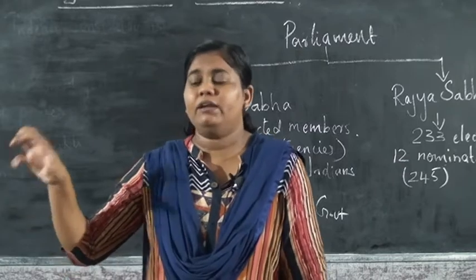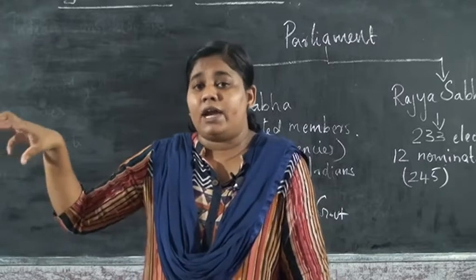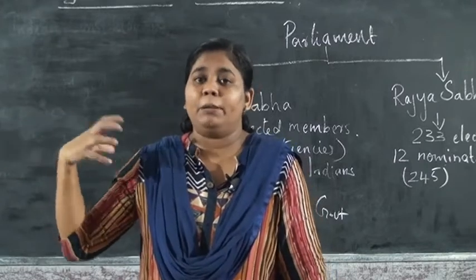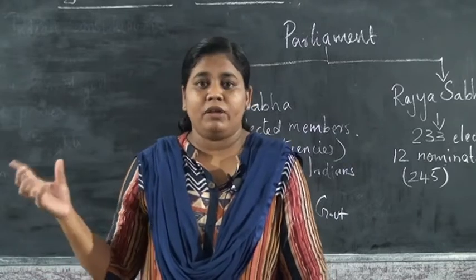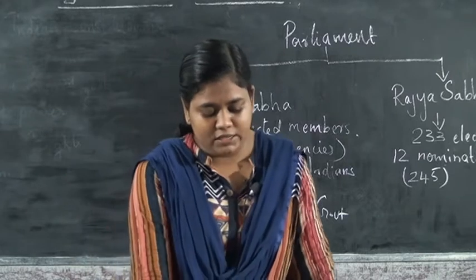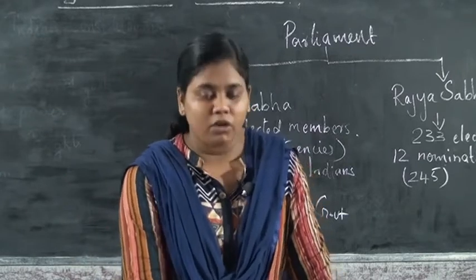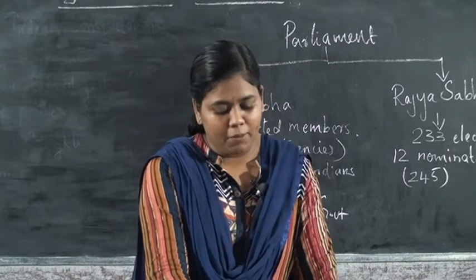The people vote, and one of them is elected from each constituency to the parliament. Once elected, these candidates become members of parliament or MPs. These MPs together make a parliament.